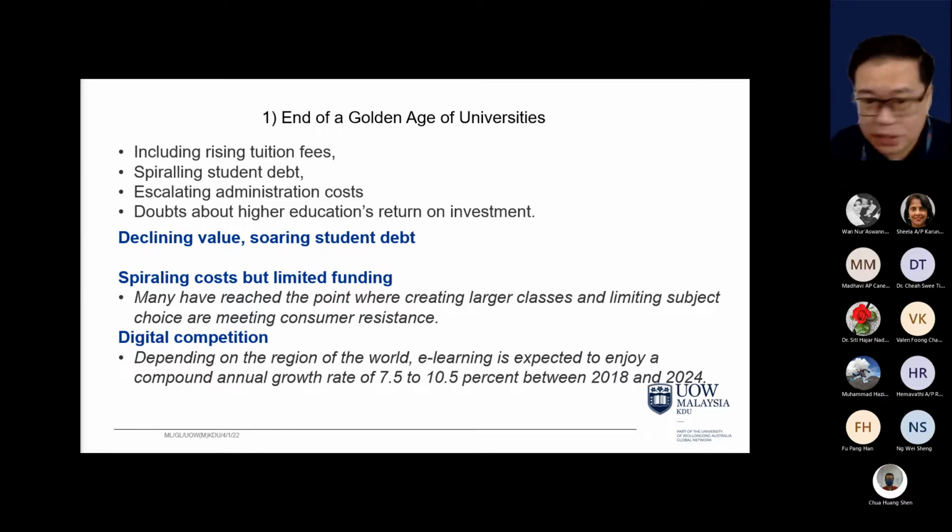Escalating administration costs for universities. Yes, our selling price of fees, students' fees, the increase on a yearly basis is lower than the inflation rate. Okay. Now, some of you may say, but for the past few years, there was no increment, but in the general sense, it's true.